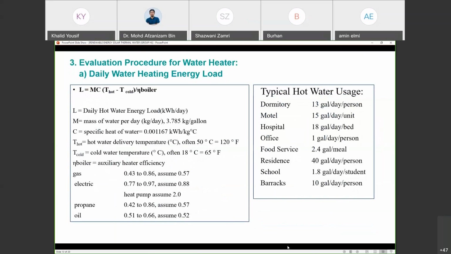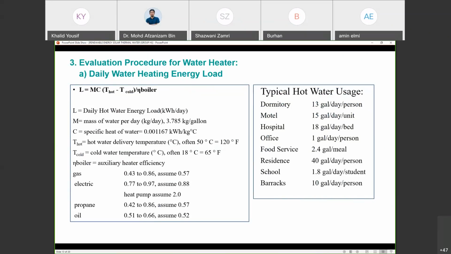For the evaluation procedure of water heating sources, daily water heating energy load, the formula is L equal to m c times the difference between hot and cold temperature.